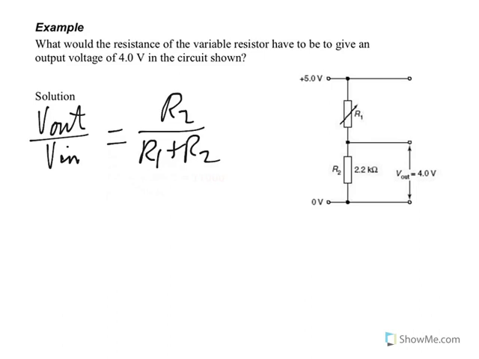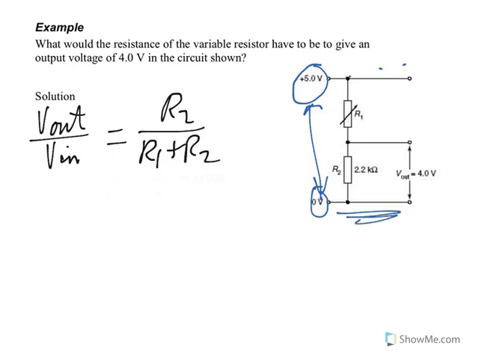Alright, so in this particular example, something to point out is that this is a typical electronic circuit where they have a positive rail, so everything that's connected up here is 5 volts, and then down here we've got 0 volts.